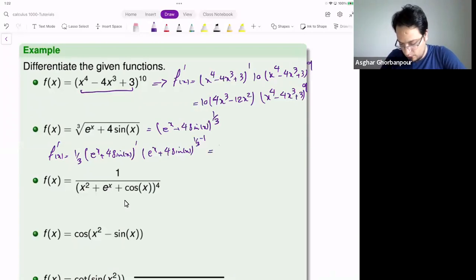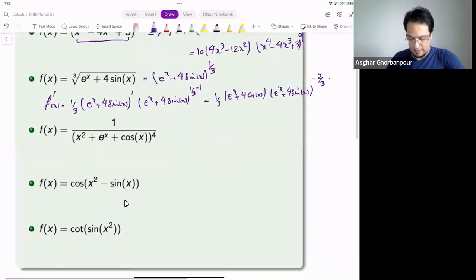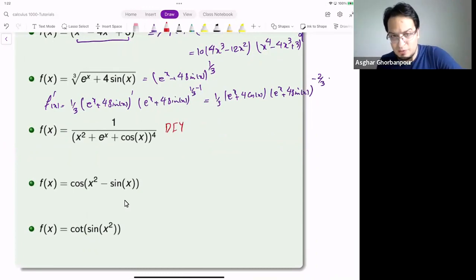And that is 1/3 times e to the power x plus 4 cosine x, times e to the power x plus 4 sine x, to the power negative 2/3. You can do this one yourself. That's just the power rule plus the chain rule again.